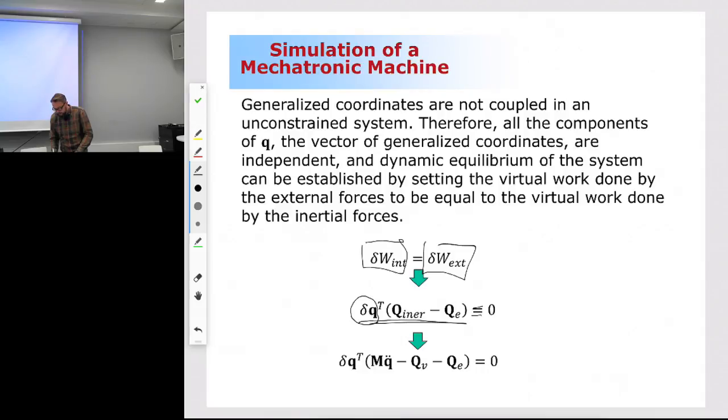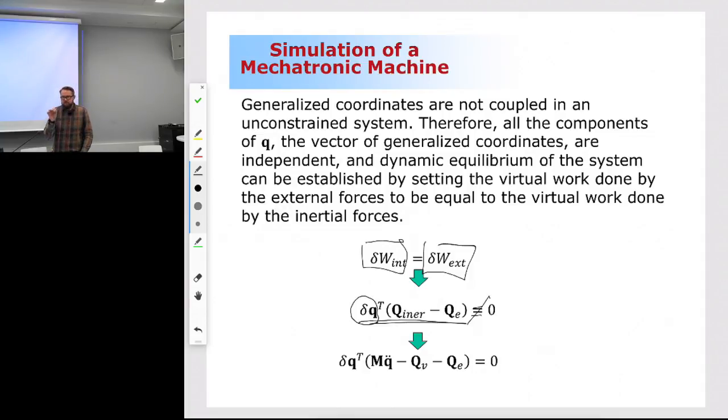These are the inertia forces and externally applied forces, and you make them equal to 0. You can put them equal to 0 only if you don't have constraints in your system, if the bodies are free to move however they want. If there are constraints, then this equation, generally speaking, is not equal to 0.